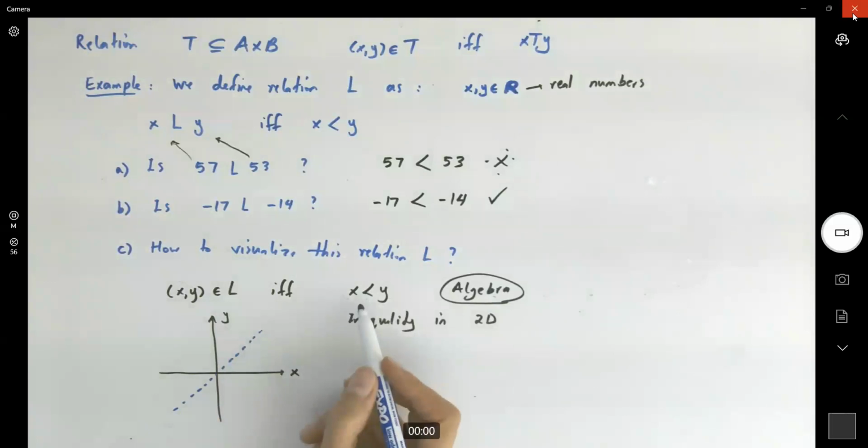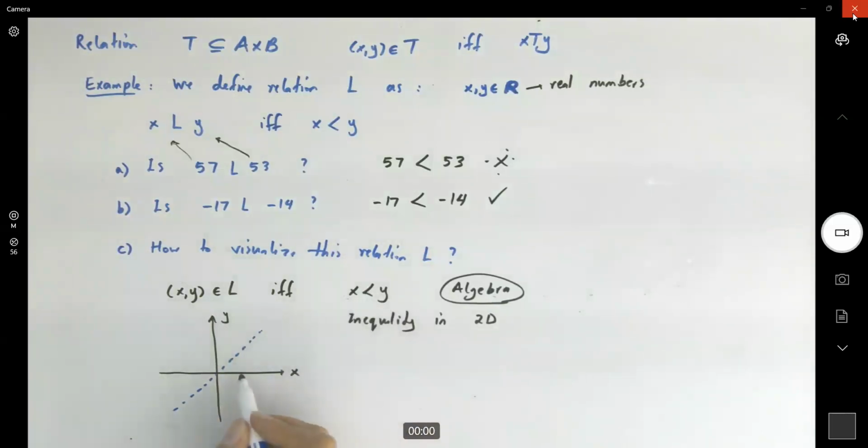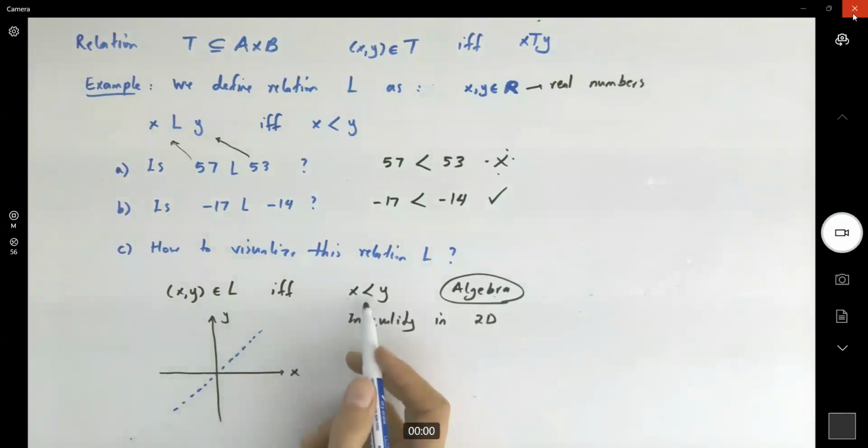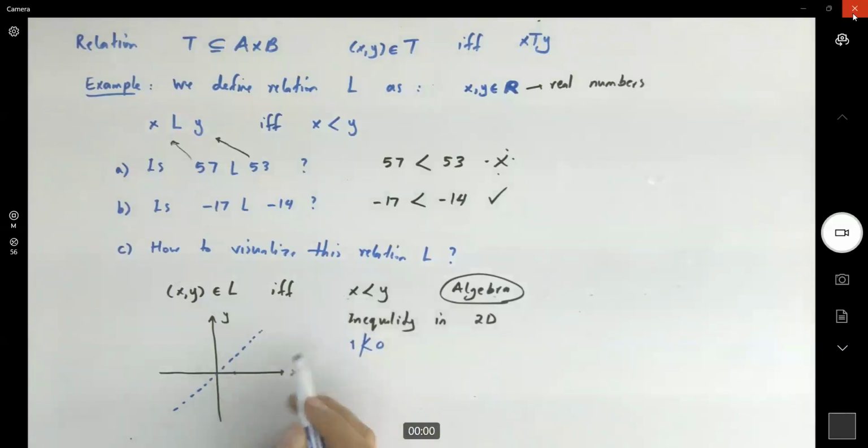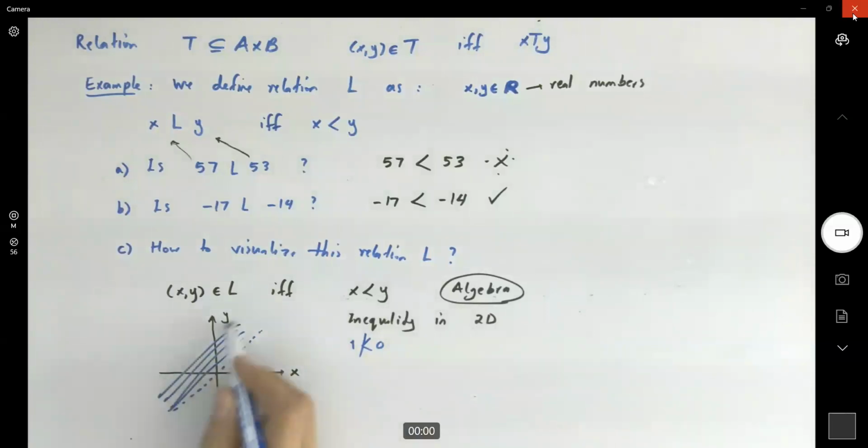You can use a checkpoint like (1, 1). (1, 1) is not going to be on this shaded part because it's on the line. Try (1, 0): 1 is not less than 0, so (1, 0) is not in the shaded part. You're going to shade this part of the plane.